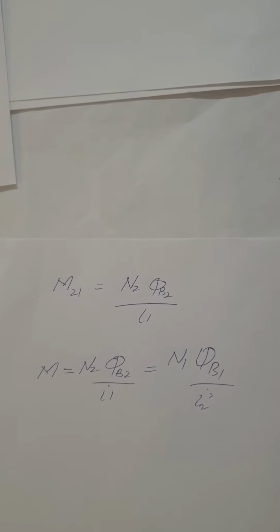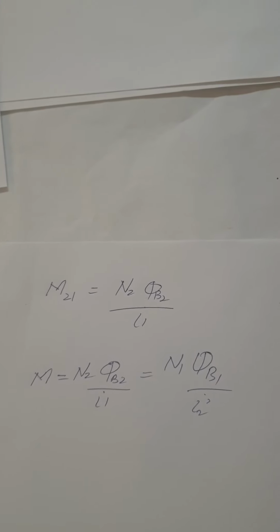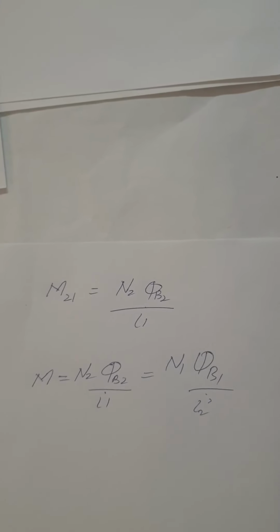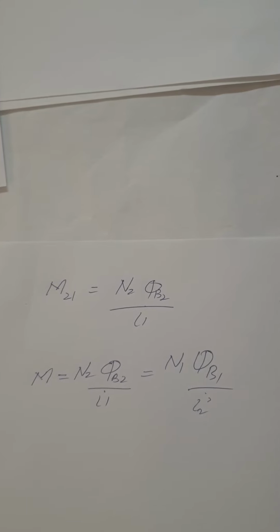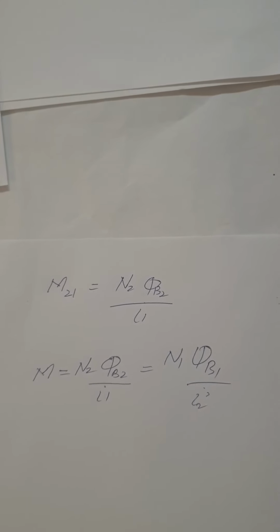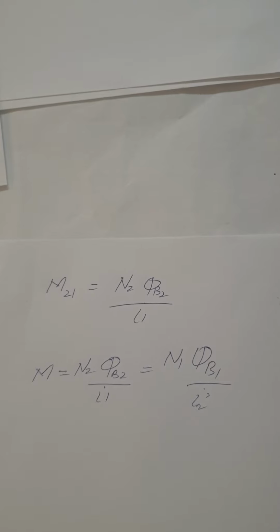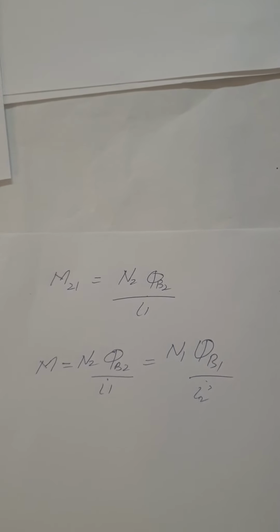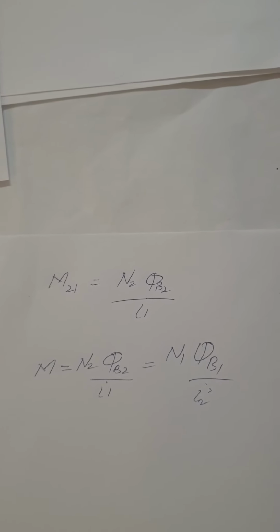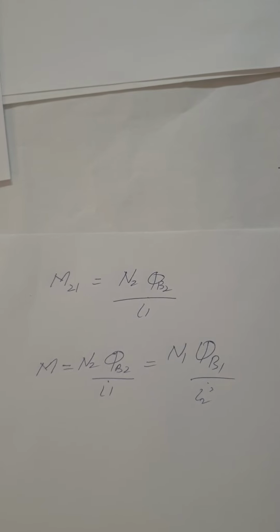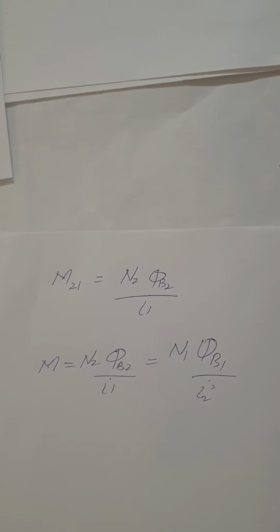And the negative sign that comes is a reflection of Lenz's law. The unit of inductance is the Henry. It is 1 Weber per ampere, or we can also represent it in the form of Joule per ampere squared.